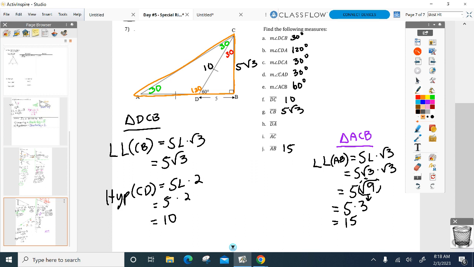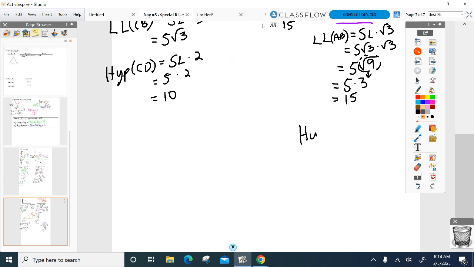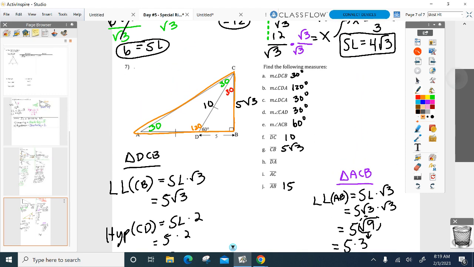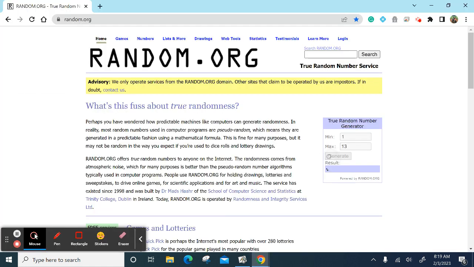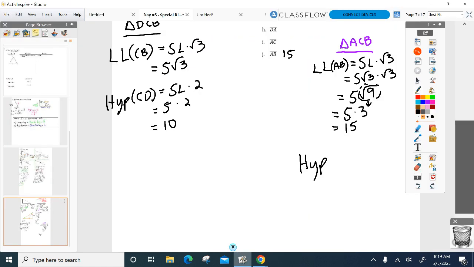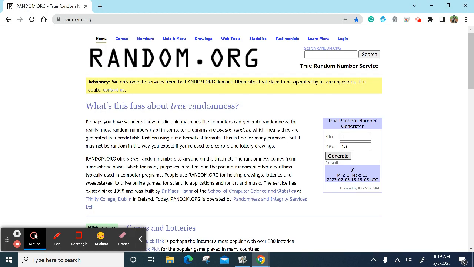And then how about the hypotenuse? Well, first, what is the hypotenuse there? Name the side that's considered the hypotenuse in triangle ACB. AC, good work. What's my rule to find the hypotenuse in a 30, 60, 90?